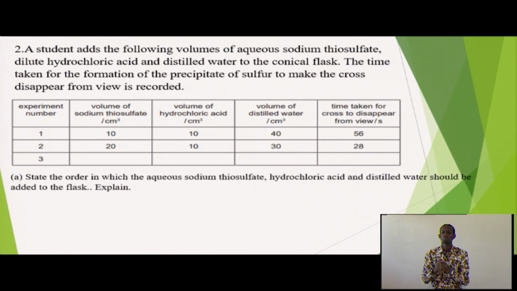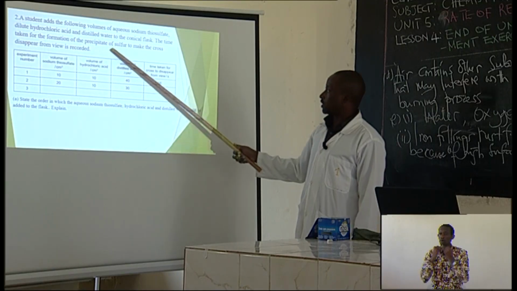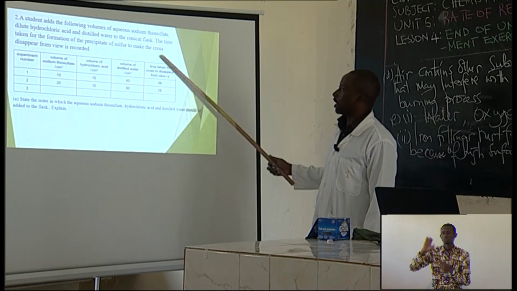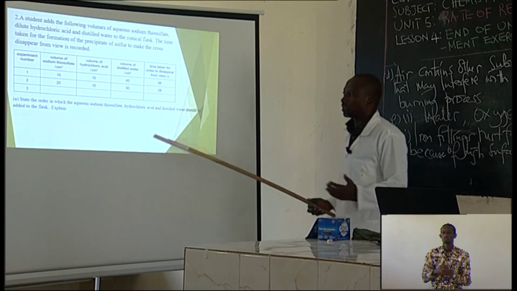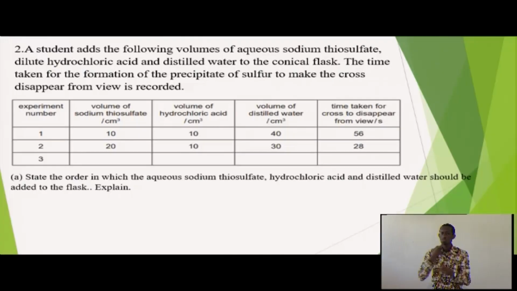The time taken for the formation of the sulfur precipitate to make the cross disappear from view is recorded. So this is the volume of sodium thiosulfate, the volume of hydrochloric acid, the volume of water, and the time taken for the cross to disappear. State the order in which the aqueous sodium thiosulfate, hydrochloric acid, and distilled water should be added to the flask, and then explain that.